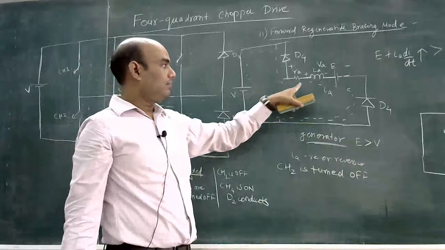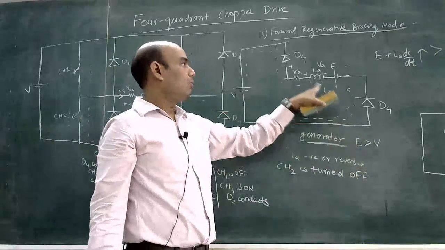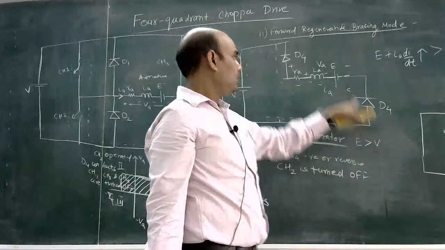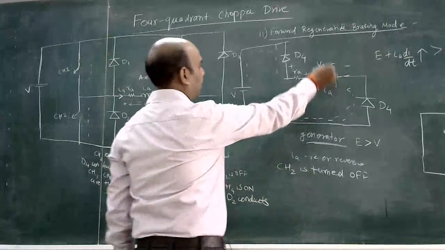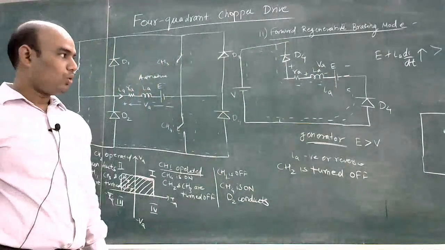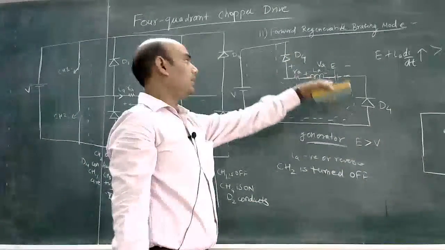At that time, this will behave like a generator, as the generated voltage L di by dt is greater than the source voltage. So this will give back power to the source voltage. That's why it is known as regenerative braking mode.